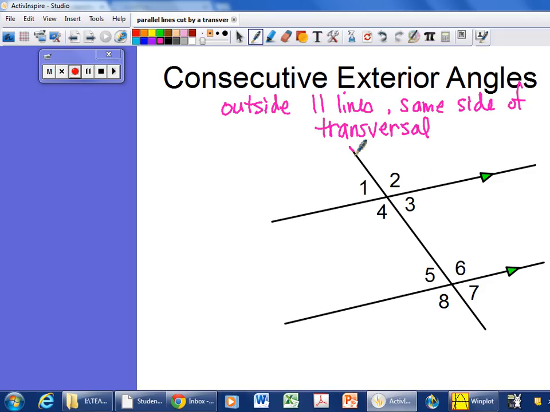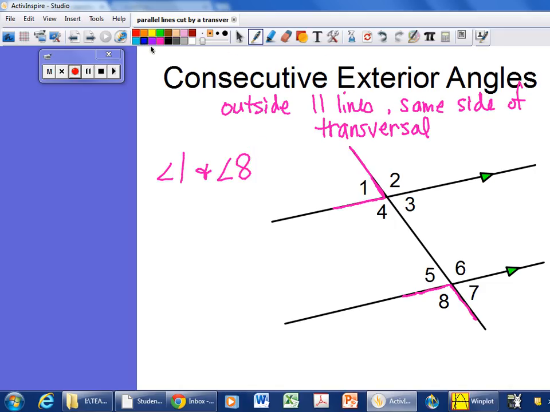So here, let's start with angle 1. Angle 1 is on the outside, so here's angle 1. And to find its consecutive exterior, we stay on the left side of this transversal, and so we get outside of your parallel lines. So here it is, angle 8 is consecutively exterior with angle 1. So angle 1 and angle 8 are consecutive exterior angles.